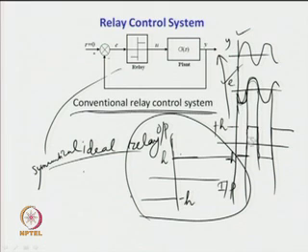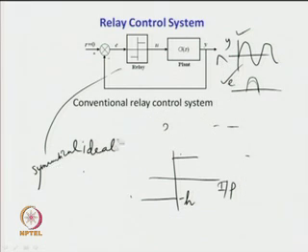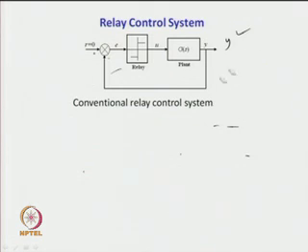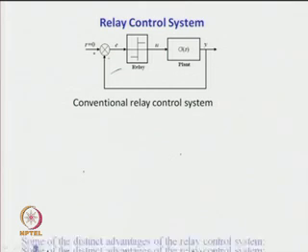So, this is how we will get signals at different points of a conventional relay control system. We shall study the input output characteristics and input output signals of a relay control system in detail later on. Let us see what we have now.